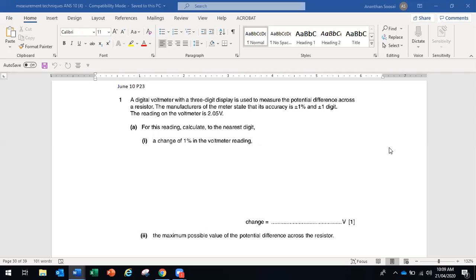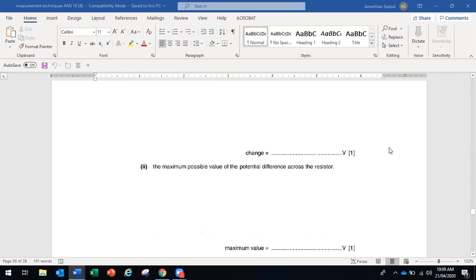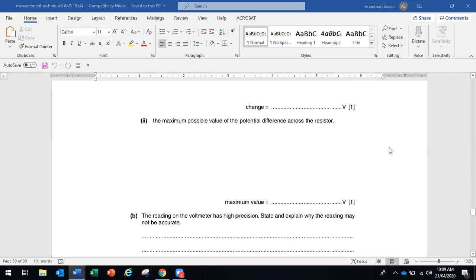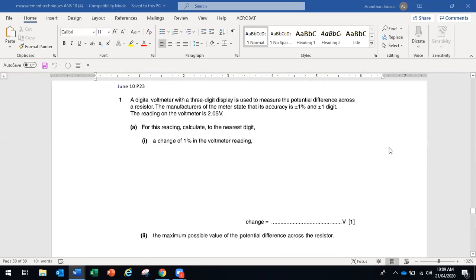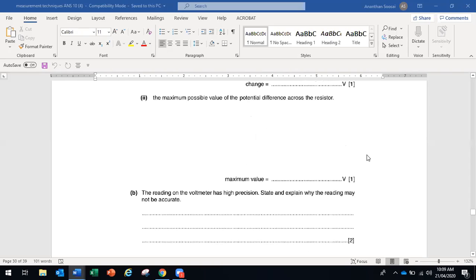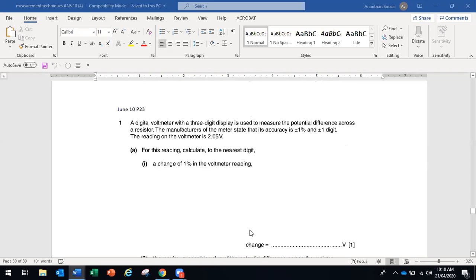Okay, then next, the maximum possible value for the potential difference across the resistor. So how do you do this? The answer should be 2.05 plus minus 0.02. But with plus minus one digit, it becomes 0.03.